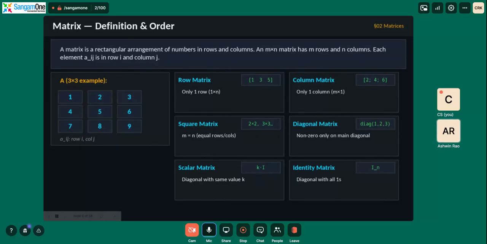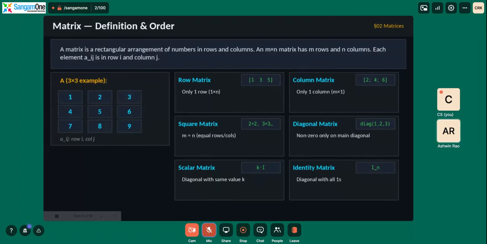A scalar matrix is a diagonal matrix with the same value of k. Like in the 3 cross 3 example, in place of 1 in the first row, first column, and in place of 5 in the second row, second column, and same goes to 9 in the third row, third column, there is 1. Others can be 0.